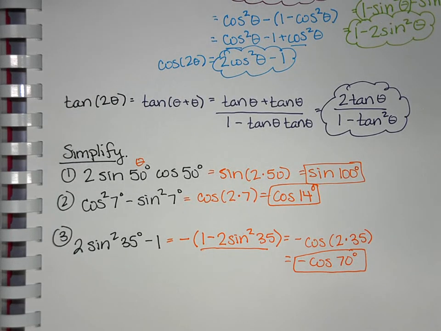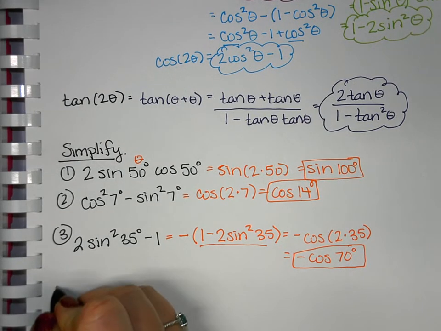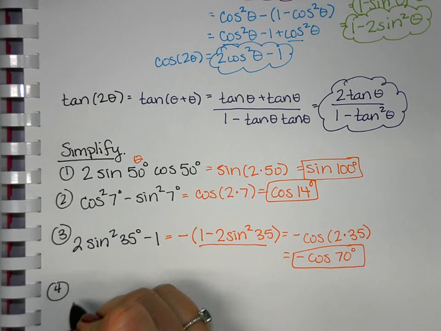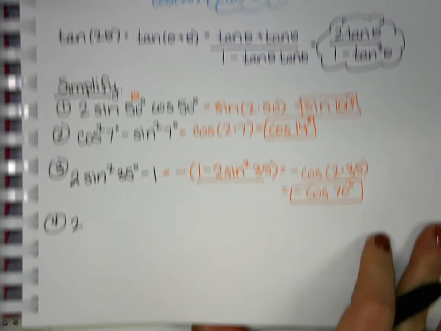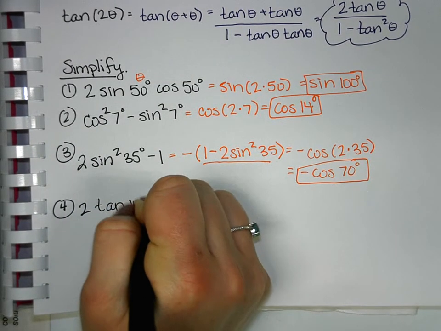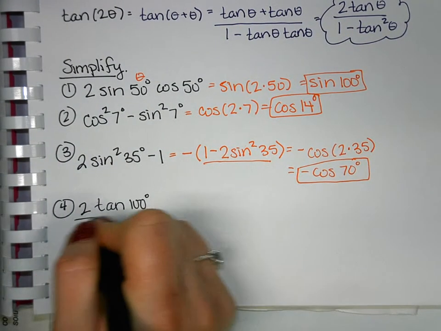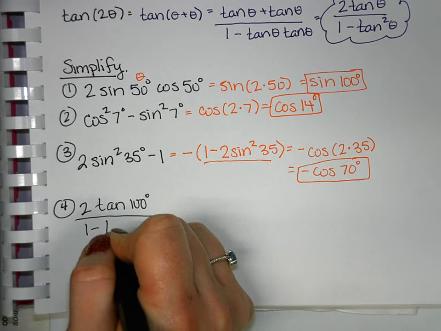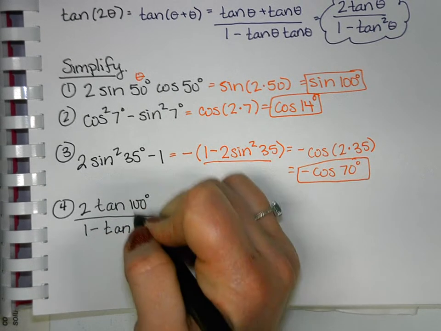On some of these, you might have to tweak it by either factoring out a negative or something like that to make it look like one of our double angle formulas. Okay, the last one that I wanted to do with you guys is 2 times tangent 100 degrees divided by 1 minus tangent squared 100.